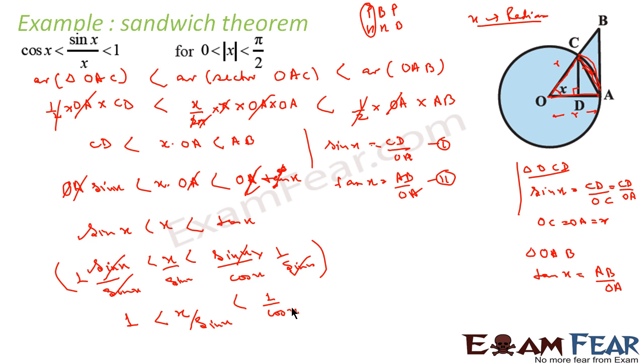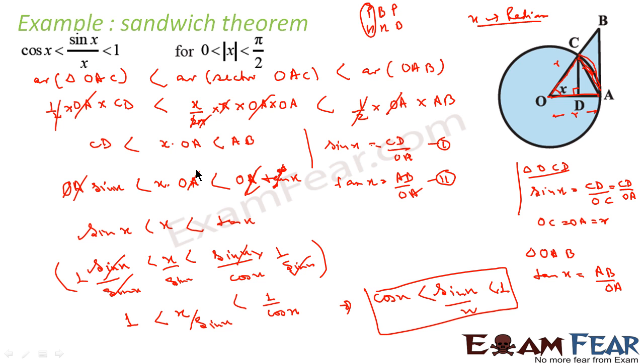That is what we have got till now. Now we'll take a reciprocal. So 1 by 1 by cos x becomes cos x, and the inequality flips. So x by sin x becomes sin x by x, and 1 by 1 is 1. Correct? This is what we have.